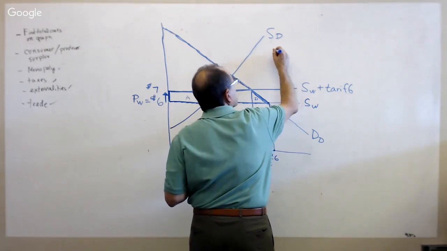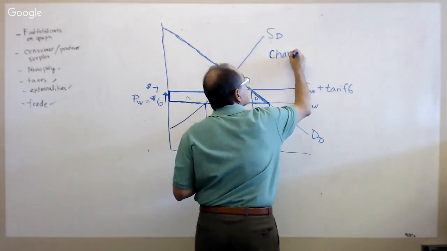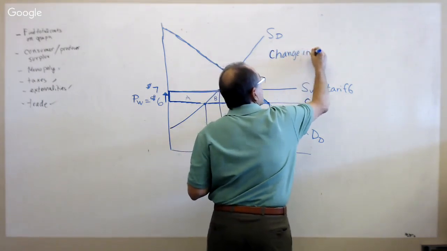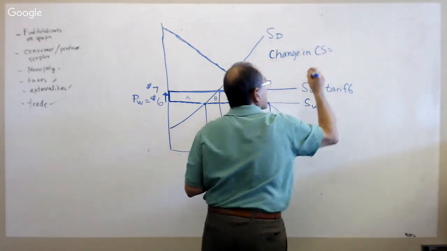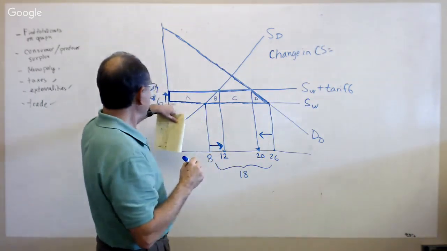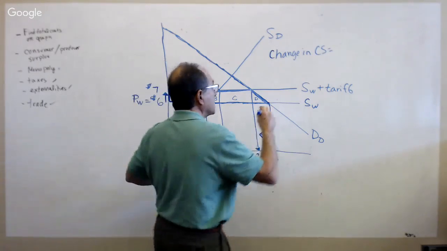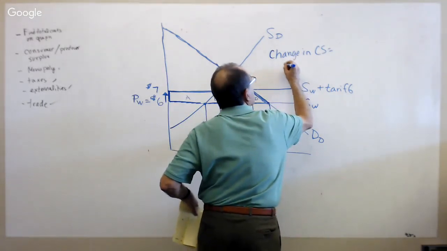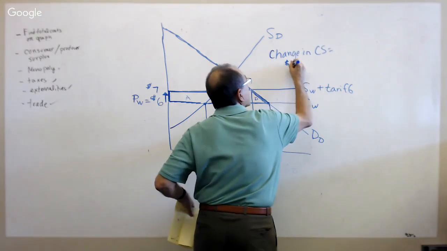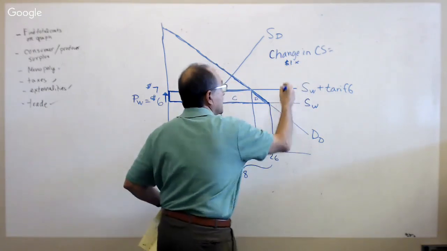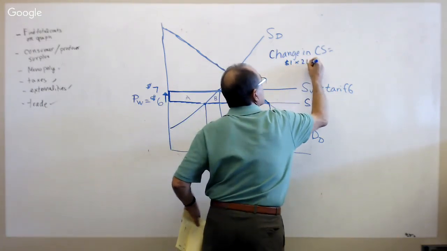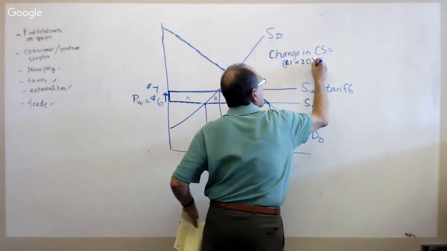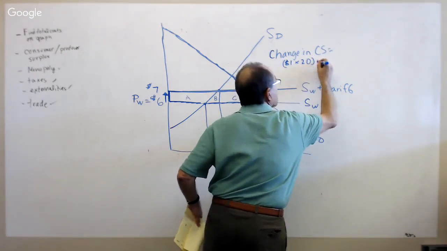Right? So I'm going to put impact on consumer surplus, change in consumer surplus is equal to, they've lost $1 times 20. So it's part of the loss. What else have they lost?